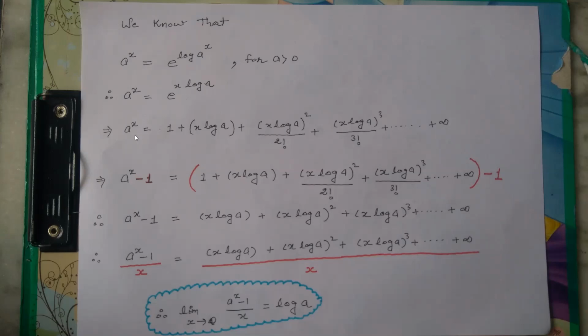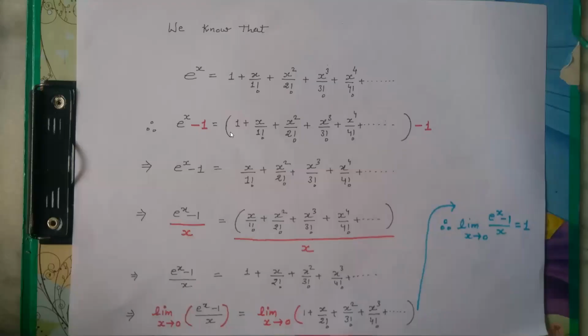So we have a raised to power x is equal to e raised to power x log a. Now what is e raised to power x? In the previous case, we have seen e raised to power x is equal to 1 plus x upon 1 factorial plus x square upon 2 factorial plus x cube upon 3 factorial plus x power 4 upon 4 factorial.